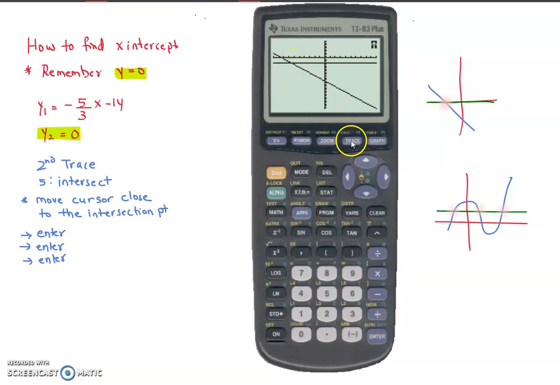Again, second trace, option number 5. Take the cursor close to that intersection point, and then enter 1, 2, 3. So again, it tells me that x is negative 6.6. So this way you can use it to find your x-intercept, or you can find any value of x when y is given to you.